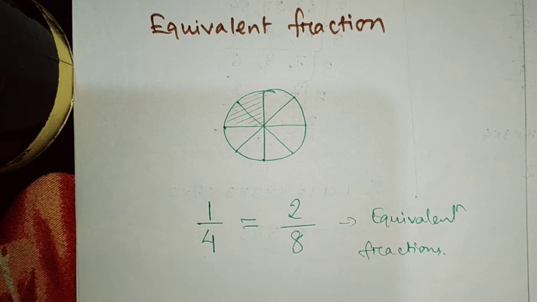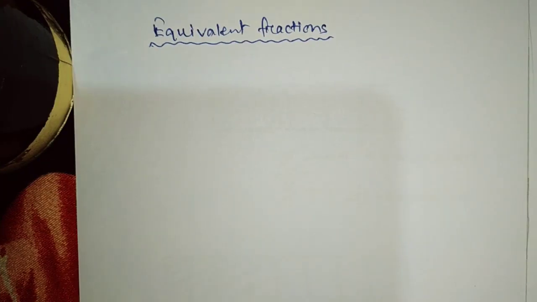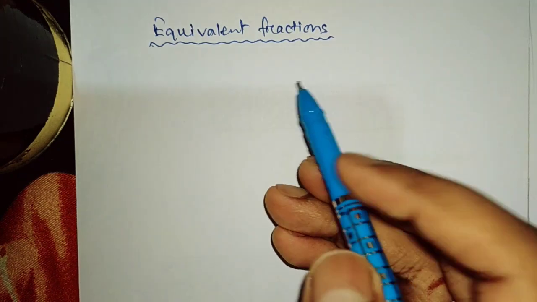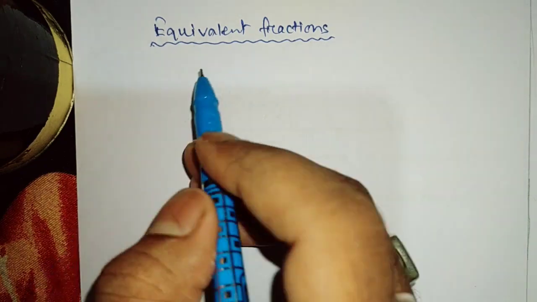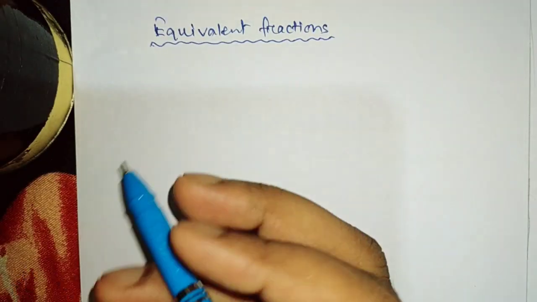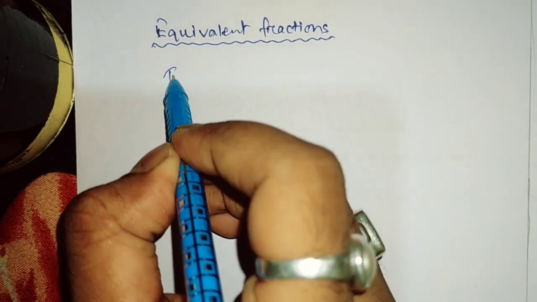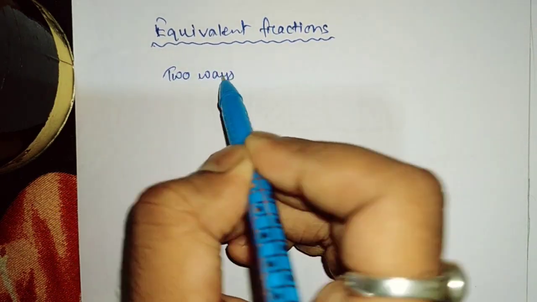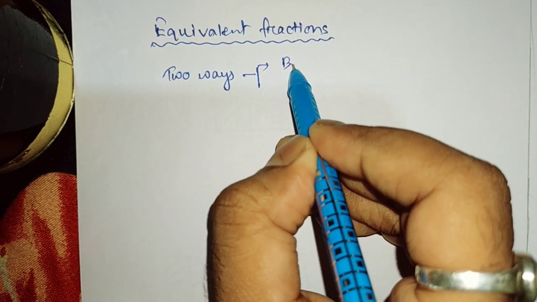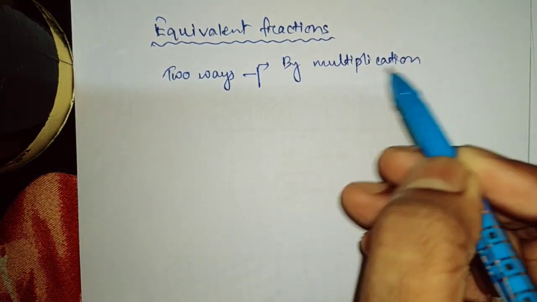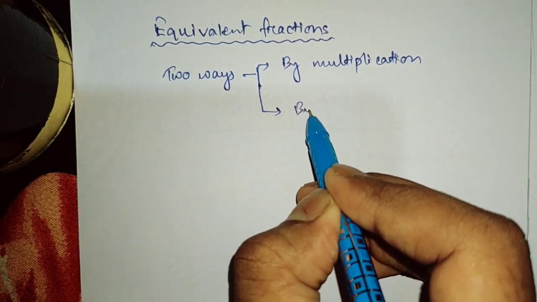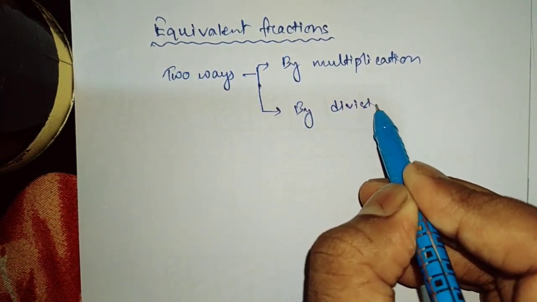I hope yes. So enough of pizzas and chocolates. Now let's come back to our mathematics. Now we will see how to find equivalent fraction for a given fraction. Okay, suppose we are given a fraction, so there are 2 ways to find equivalent fraction, and these 2 ways are by multiplication and by division.